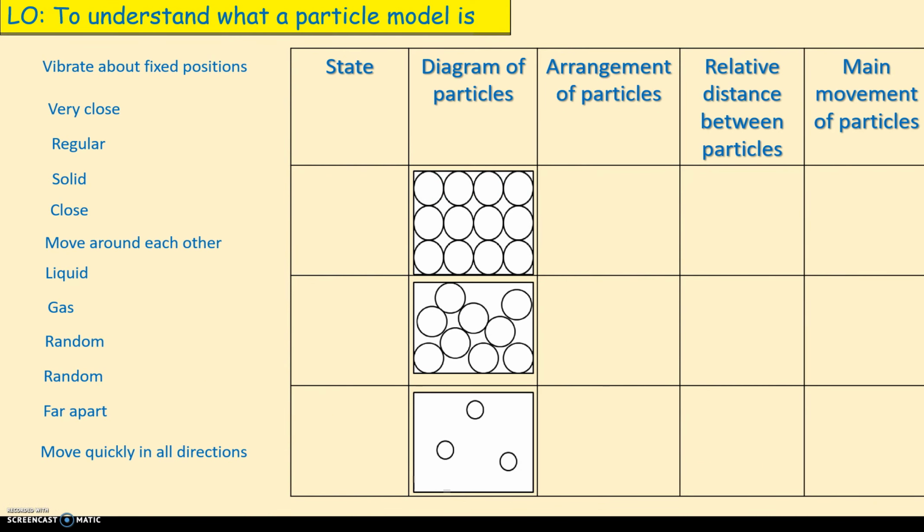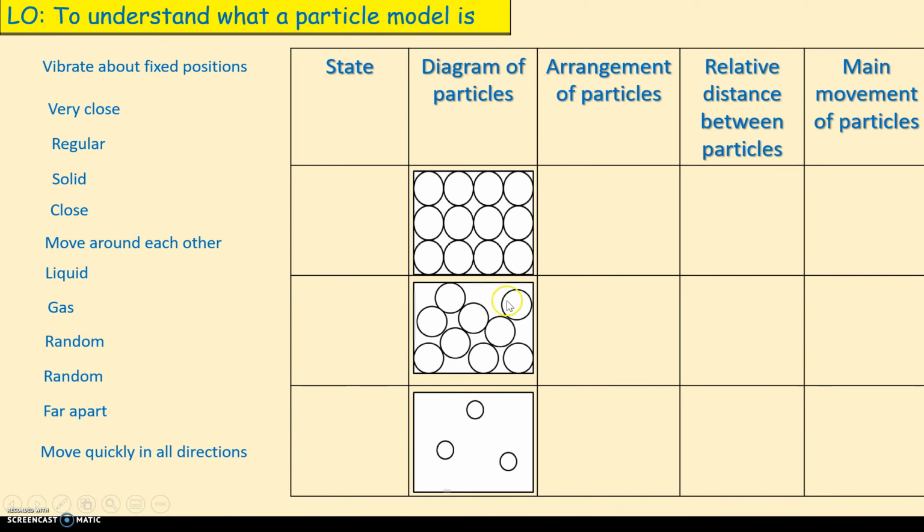Okay, now here's a challenge task for you. Please pause the video and draw the diagram. Based on what we've said so far, let's see how good you will be at recapping all the different components of a solid, a liquid, or a gas.